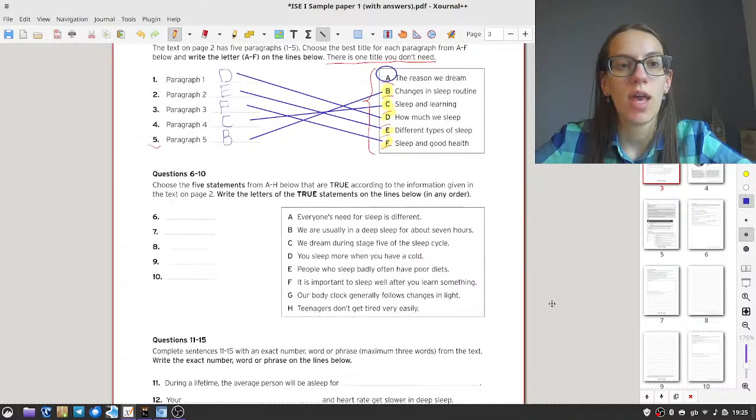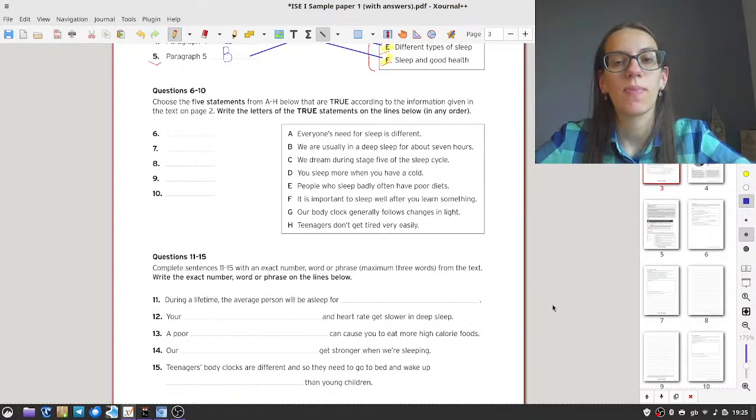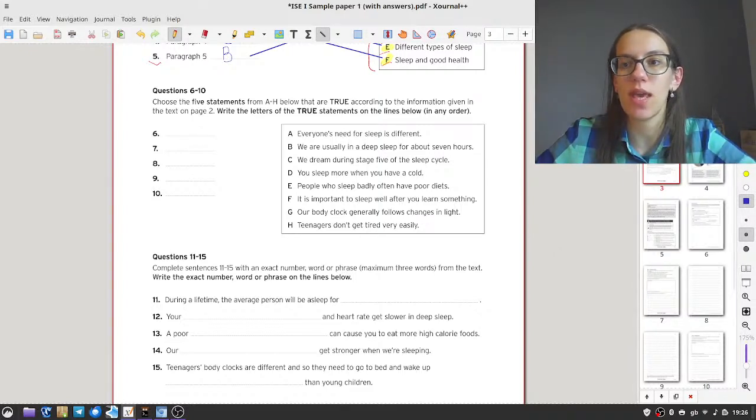Now let's look at the next part. Questions 6 through 10. Again, let's start by reading the task. We first need to understand what they want from us. Choose the 5 statements from A to H below. We can see A to H. Let me maybe use a different color for this one.